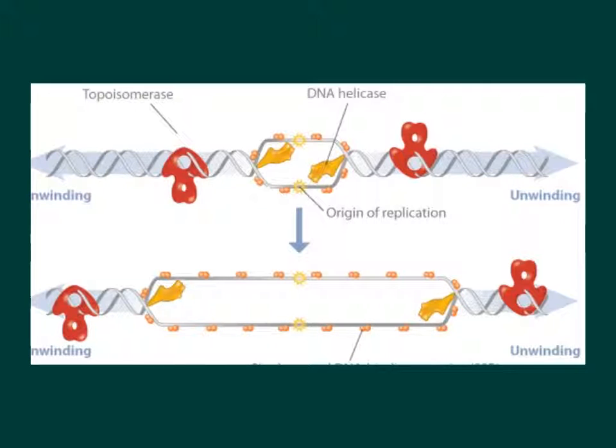A lot of textbooks are going to oversimplify this process. So, for example, one of the textbooks that we use, well, you guys have never seen it, this textbook doesn't even talk about leading versus lagging or Okazaki fragments.